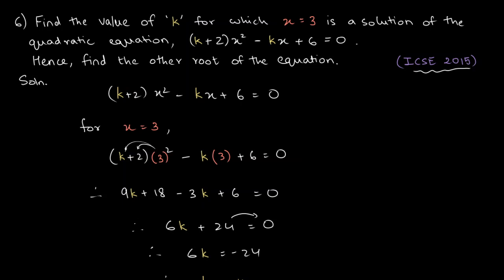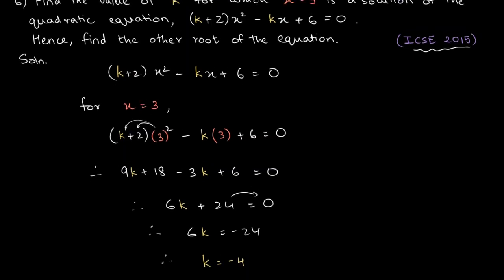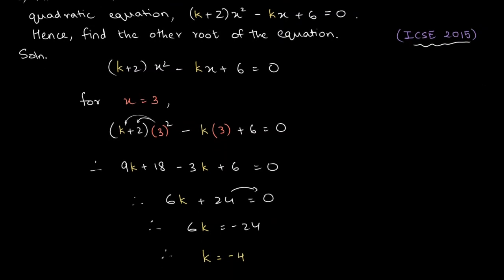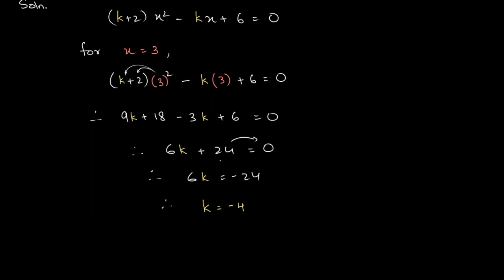Now it's a two-parter. This is not the final answer. They have asked us, after you find the value of k, we must also find the other root of the equation. So that means I would have to simplify this equation. First, let's resubstitute the value of k and get our equation. The equation becomes (minus 4 plus 2) x square minus, instead of k, I have minus 4 now, into x plus 6 is equal to 0.